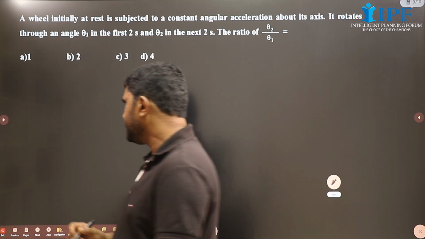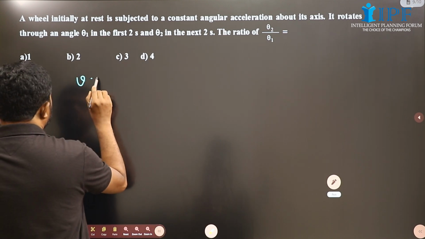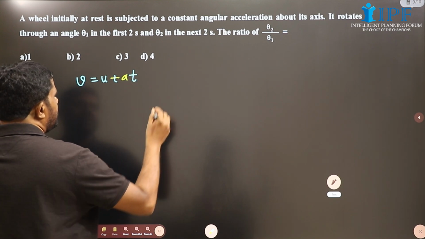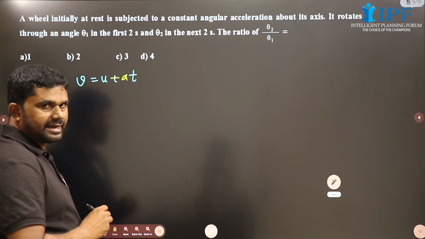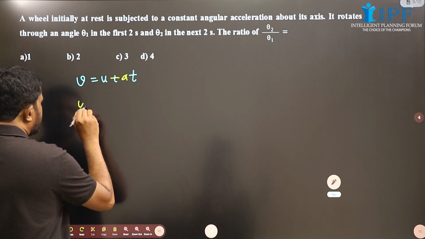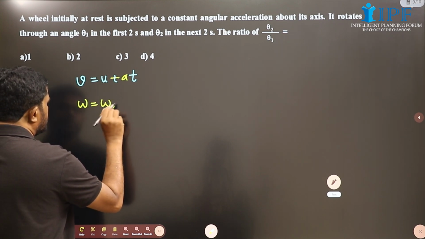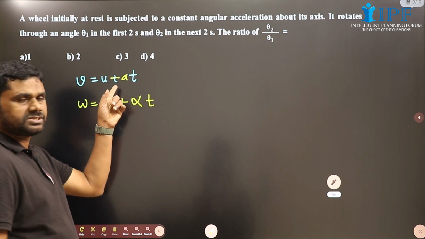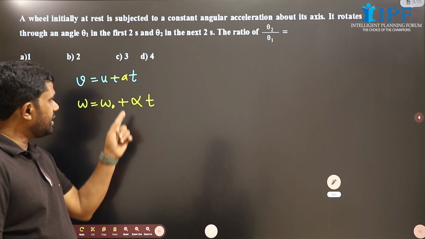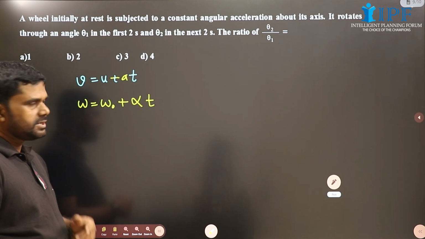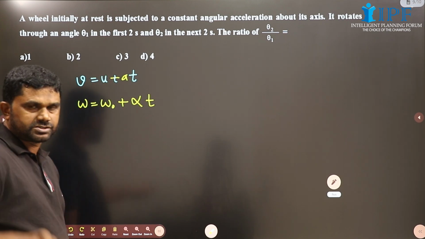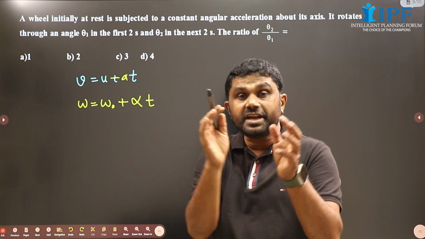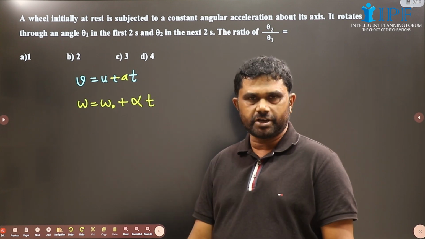Corresponding to v equal to u plus at, which is an equation in linear mechanics, the corresponding equation in rotational mechanics is omega equals omega 0 plus alpha t. Here a is linear acceleration and here alpha is angular acceleration. u is initial linear velocity, omega 0 is initial angular velocity. v is final linear velocity and this is final angular velocity.